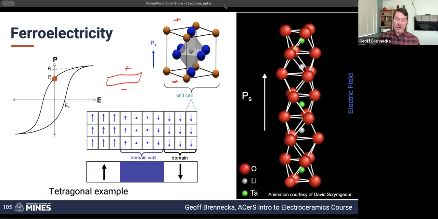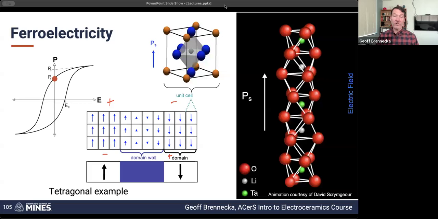If you have a large enough area of these, it's going to encourage some of those to flip, to accommodate that electric field. So what you end up with is a region where one portion is positive and negative, and the other portion is negative and positive. These end up being two different domains.